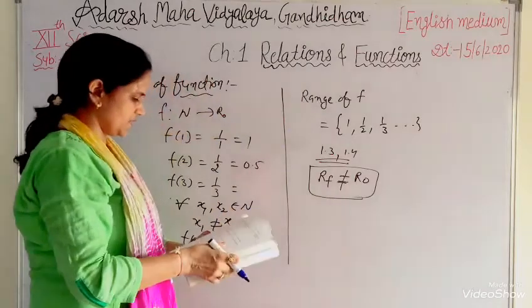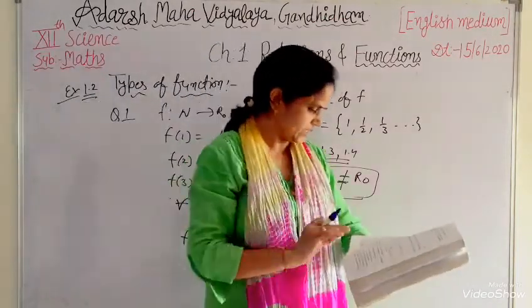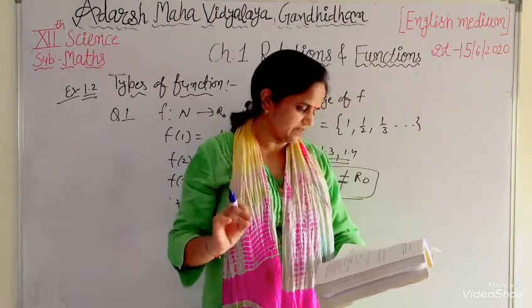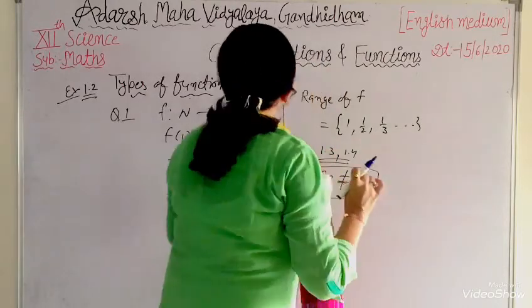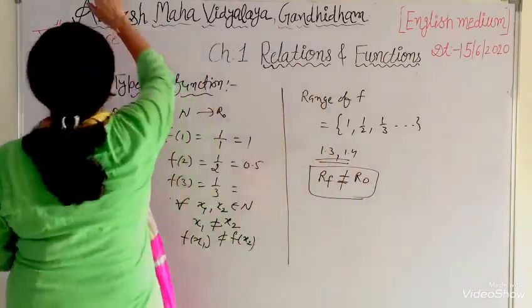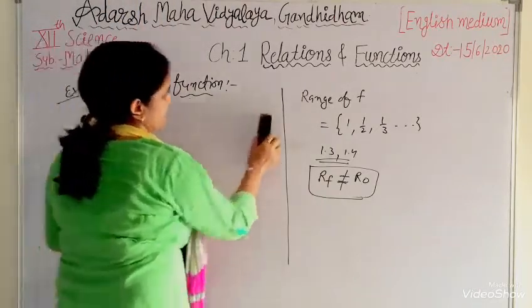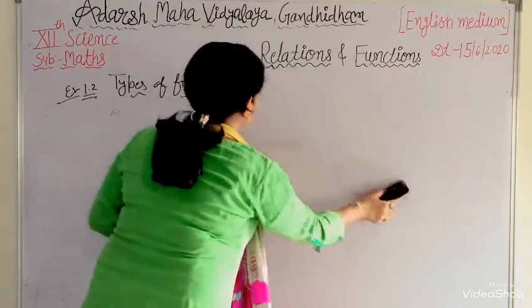Okay students, now the next question is: check injectivity and surjectivity of the following functions. Students, a one-one function is known as an injective function and an onto function is known as a surjective function.